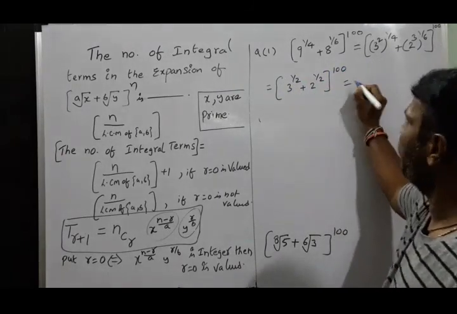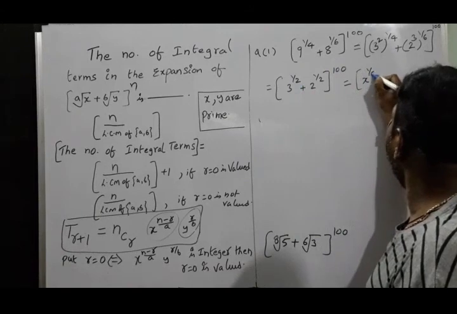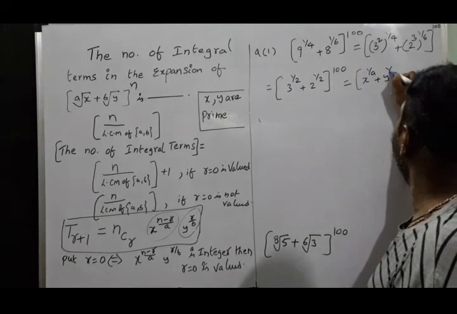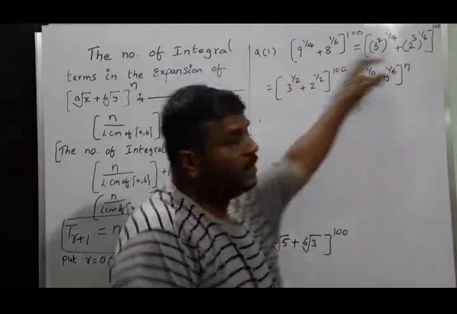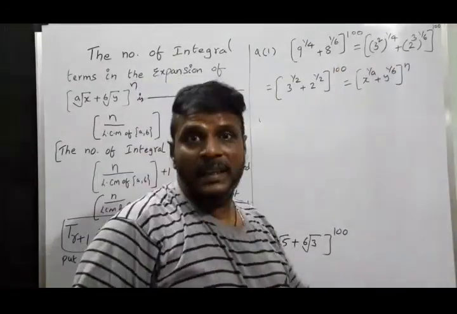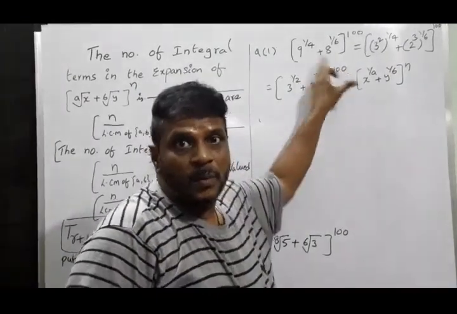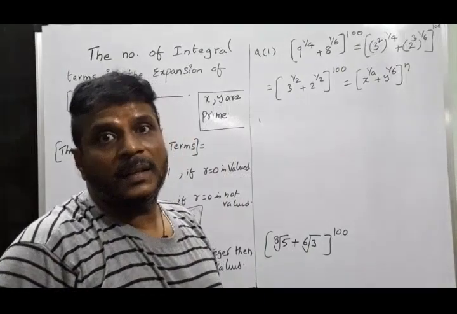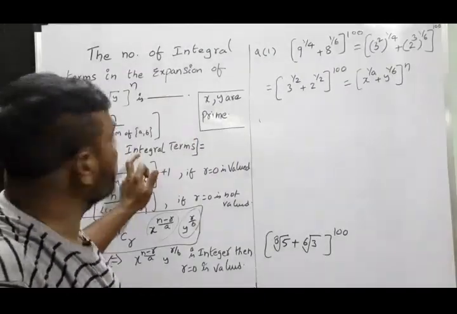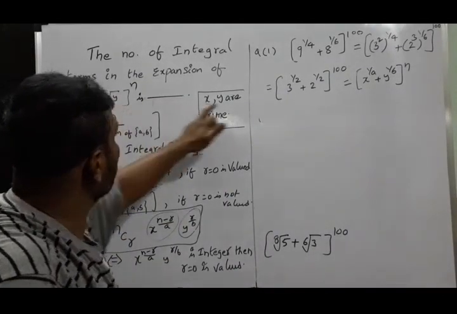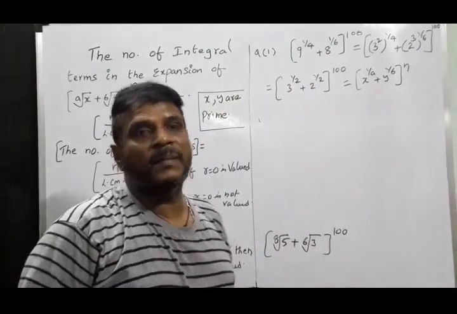Now it is of the form (x^(1/a) + y^(1/b))^n. Once again, listen carefully and observe that here 9 and 8 are both non-prime numbers. To apply this formula, x and y should be prime numbers.